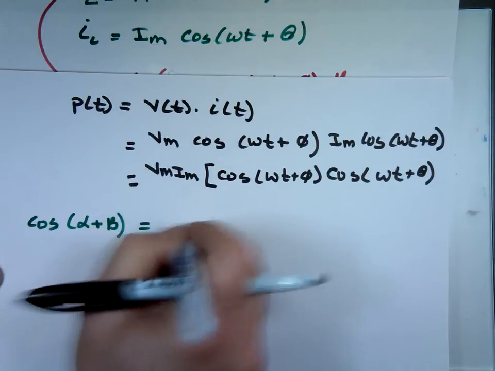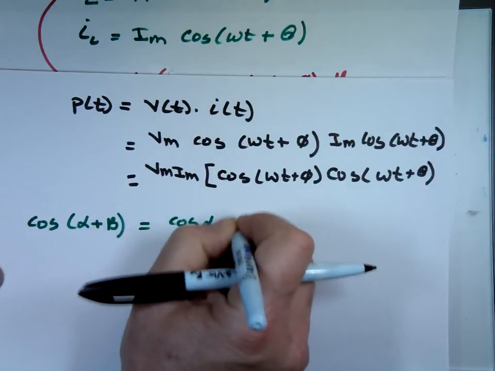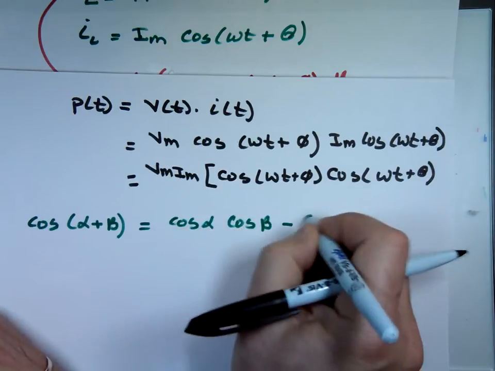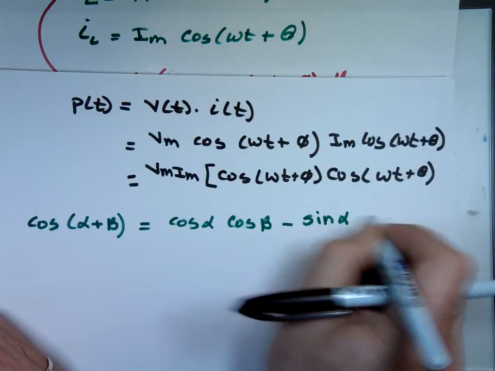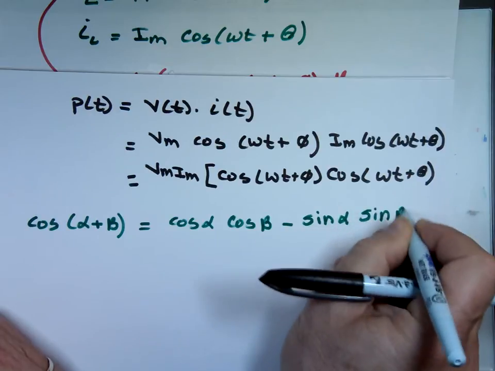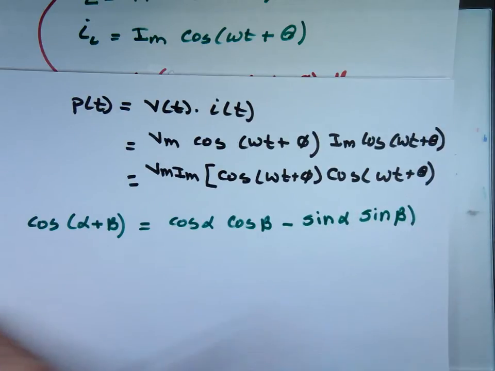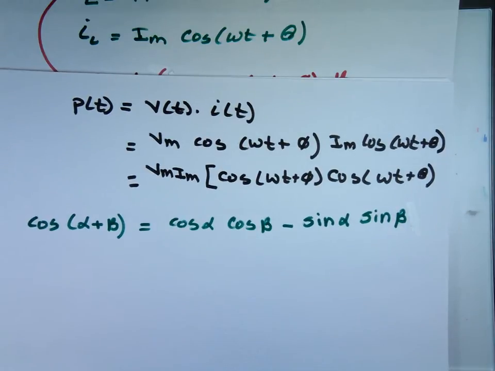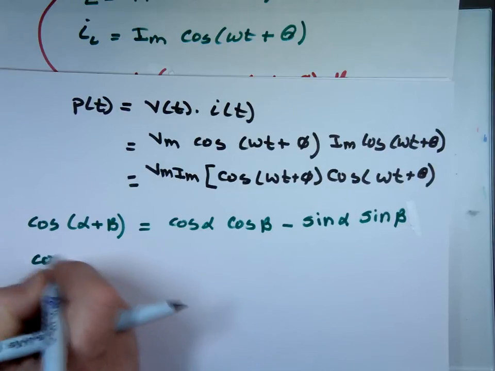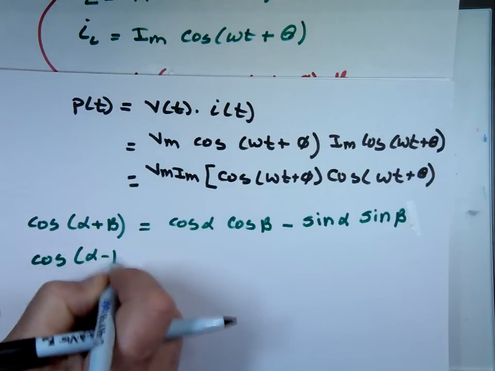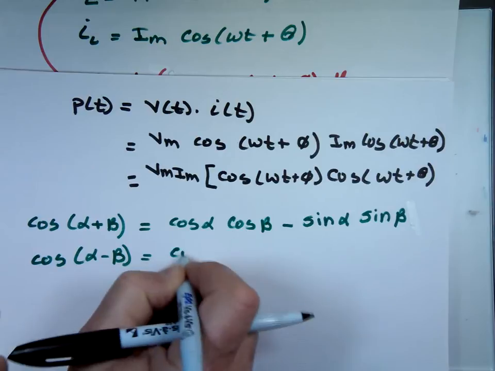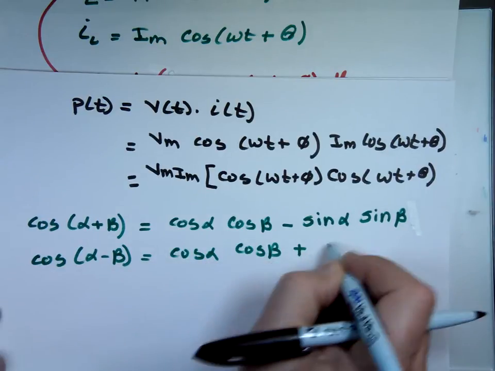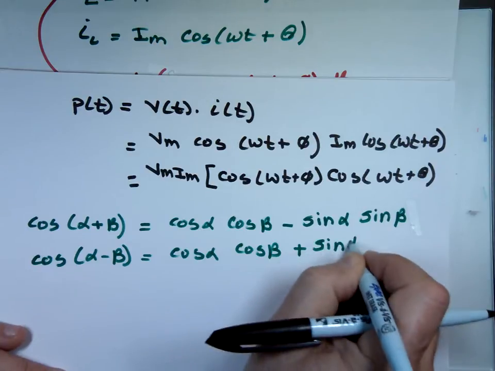Isn't that cosine alpha cosine beta minus sine alpha sine beta? We also have cosine(alpha minus beta) equal to cosine alpha cosine beta plus sine alpha sine beta.